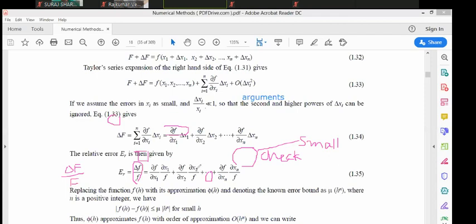So replacing the function fh with its approximation phi h. Suppose fh is a function and it is being approximated by phi h, and denoting the known error bound as mu hn.